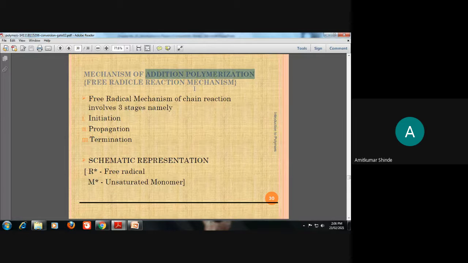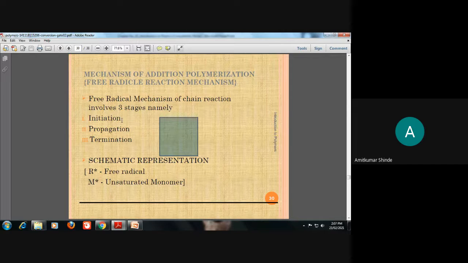This addition polymerization is also known as the free radical reaction mechanism, or chain polymerization. It consists of three stages: initiation, propagation, and termination.